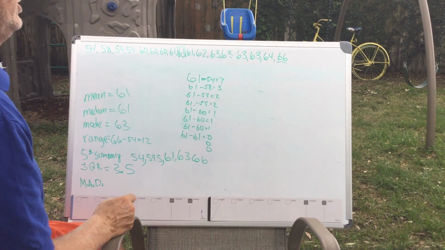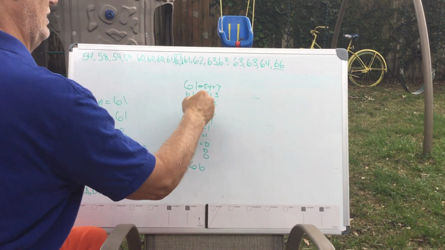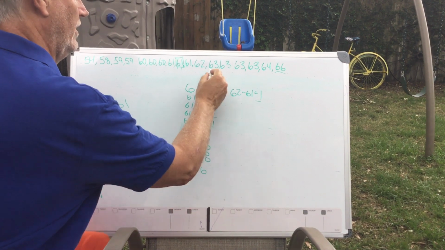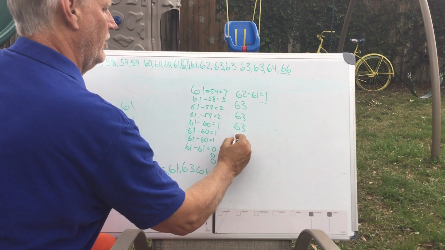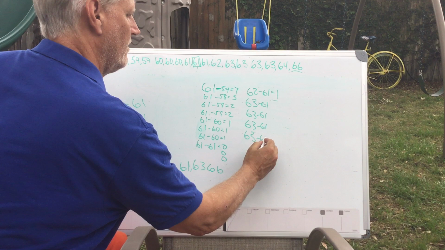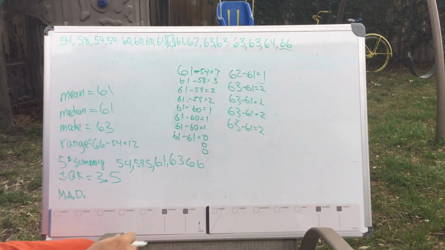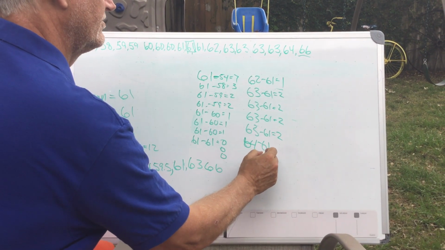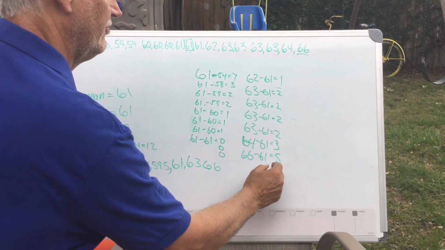0 and 0. And then I'm just going to come over here and do the other ones over here. So now, 62 minus 61 is 1. Then I have 4 63s, so 63, 63, 63, and 63, minus 61. So that's going to equal 2, 2, 2, and 2. And then I have a 64 minus 61, which is 3, and 66 minus 61, which is 5.